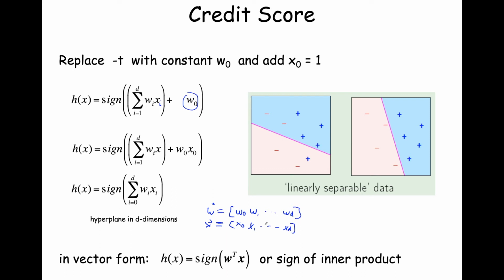In vector and closed form, our hypothesis for a specific working hypothesis is just the sign of the inner product between our augmented w vector and our augmented x vector, so sign of w transpose x.